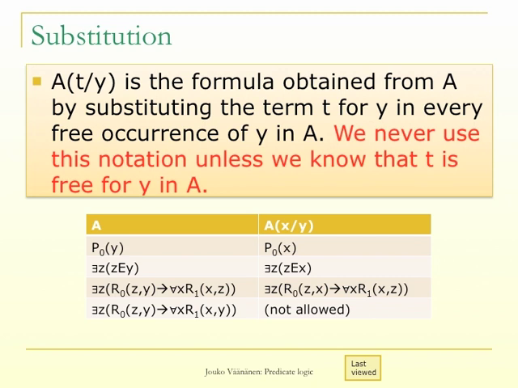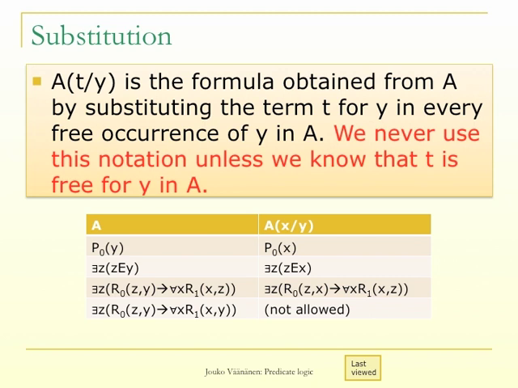P(0,y). We substitute x for y and we get P(0,x). Exists z, z ∈ y. We substitute x for y and we get exists z, z ∈ x.